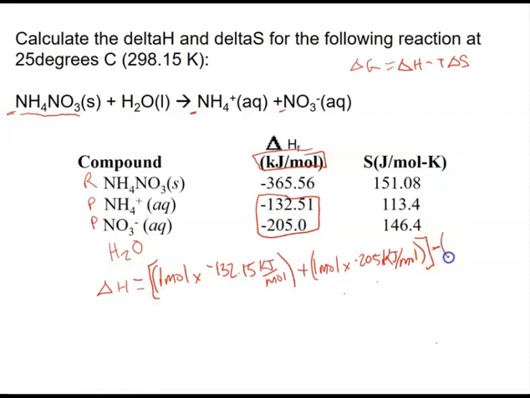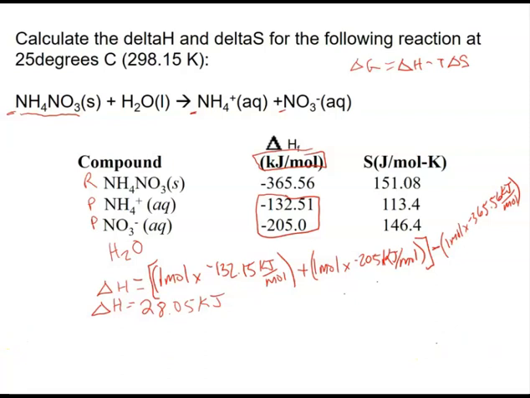That's going to be the 1 mole of the ammonium nitrate times the negative 365.56 kilojoules, and I apologize for going up here on the side. In the end, if we calculate that, use a calculator, delta H should give us something like 28.05 kilojoules. 28.05 kilojoules for delta H.